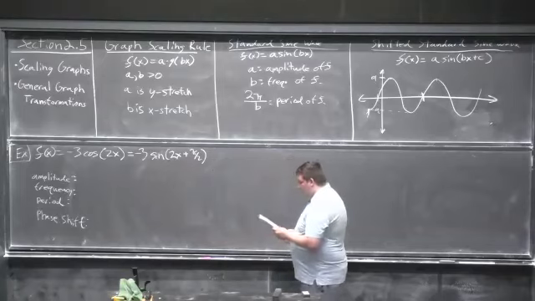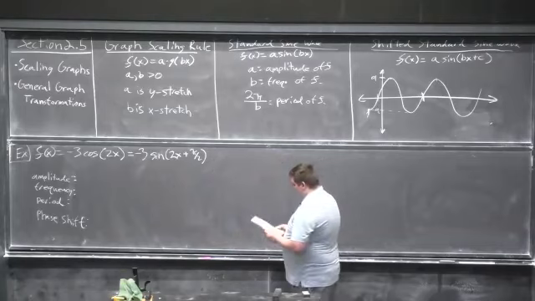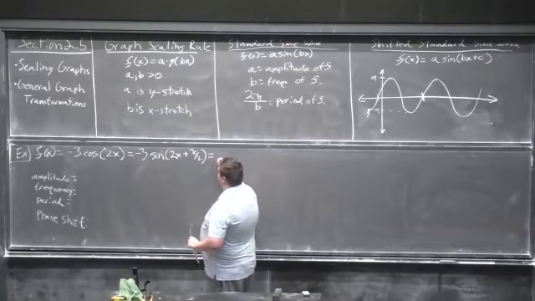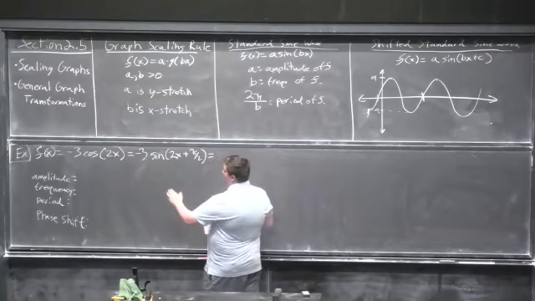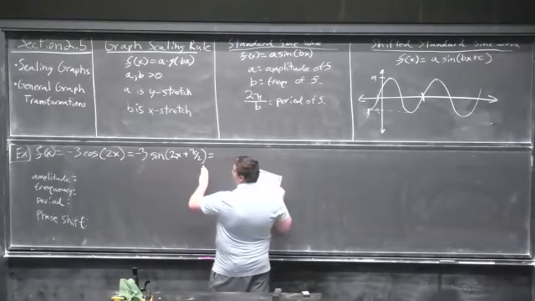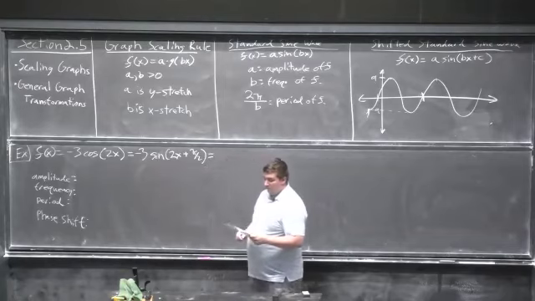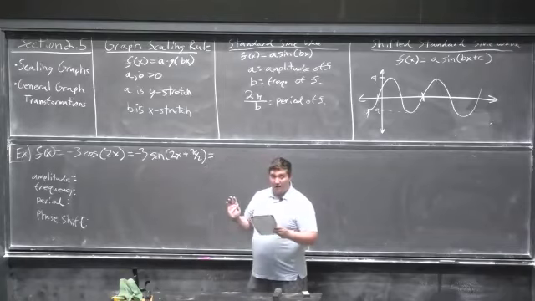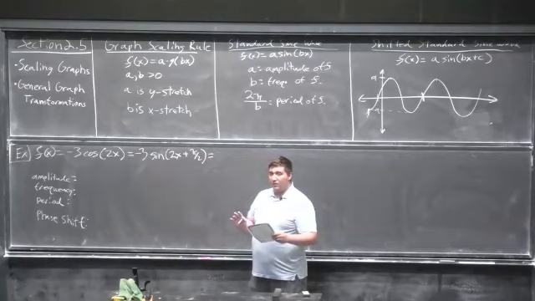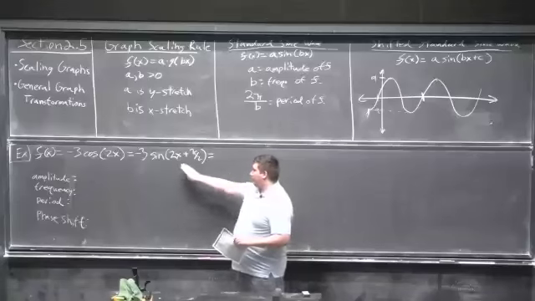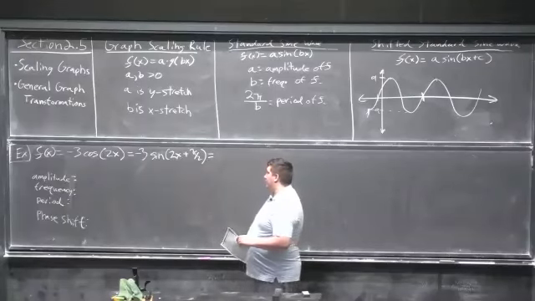So instead, what we can do is say, hey, I know that this negative 3, I can just shift it by half of a period, or a full period in this notation.